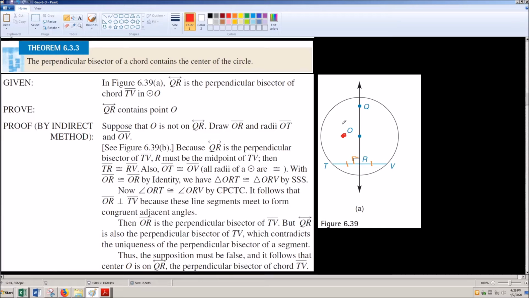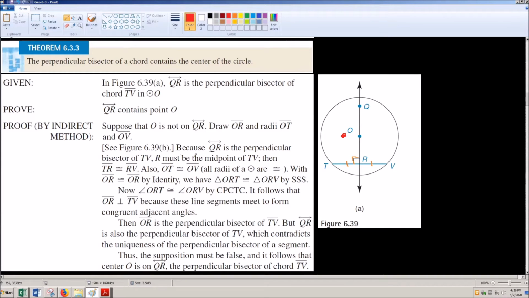So we're going to suppose that it's not, and we're going to draw OR and radii OT and OV. Basically, from this point out, this point out, and this point out, those are going to be radii for this circle.